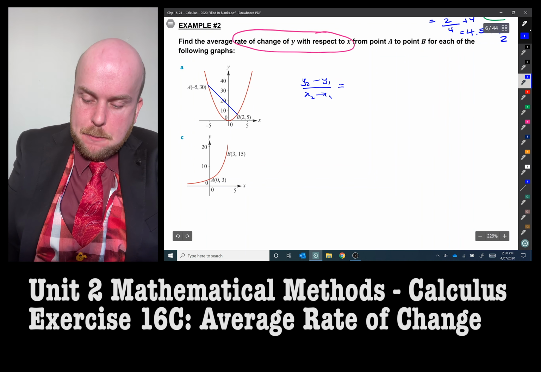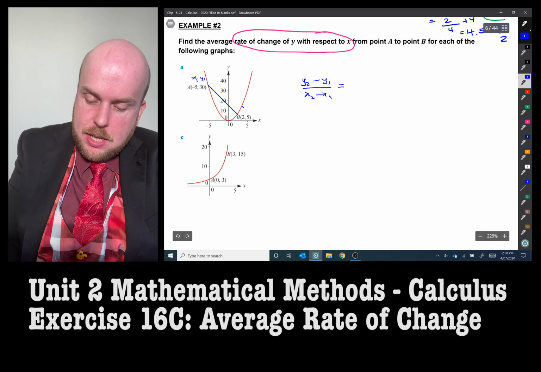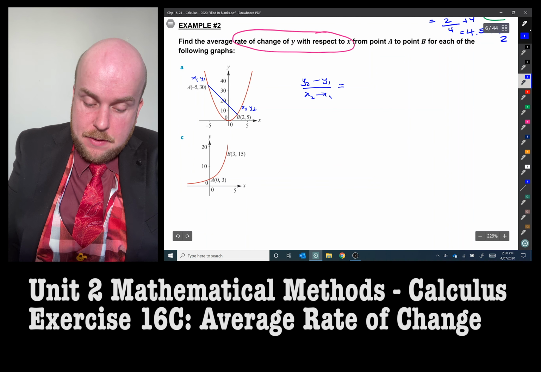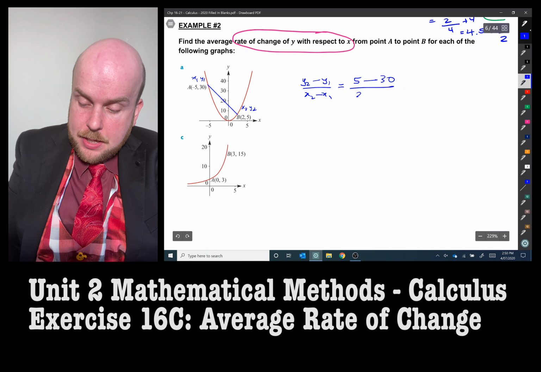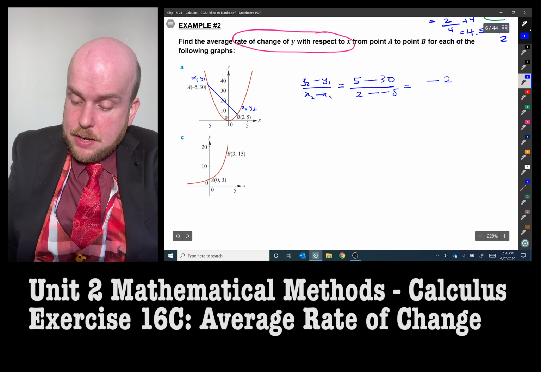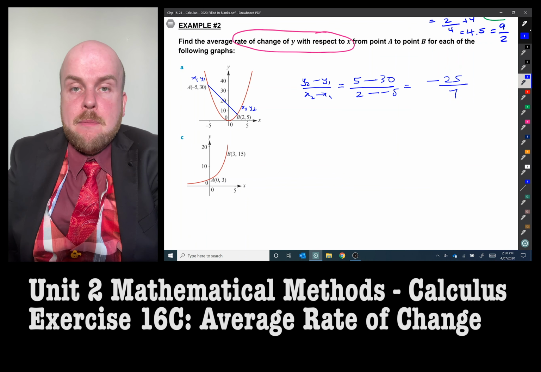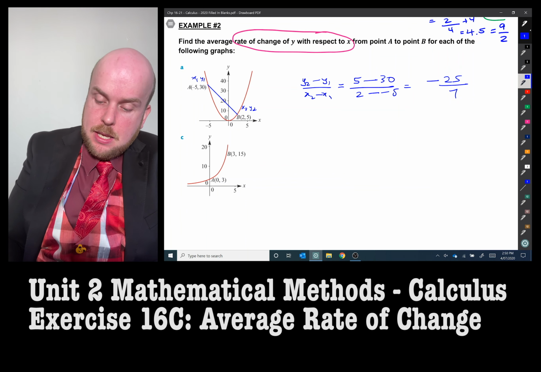So I've gone from A to B, and I'm treating this as x1, y1, and this one is x2, y2. And I'm going to do 5 take away 30 over 2 take away negative 5. And that's going to be equal to negative 25 over 7. And I can leave that answer as is because it can't simplify.